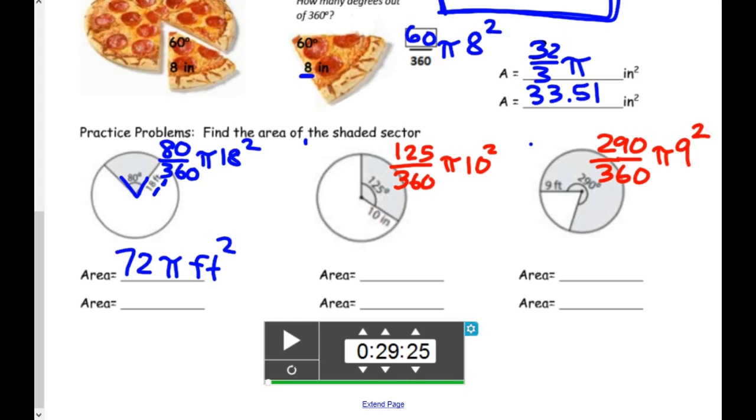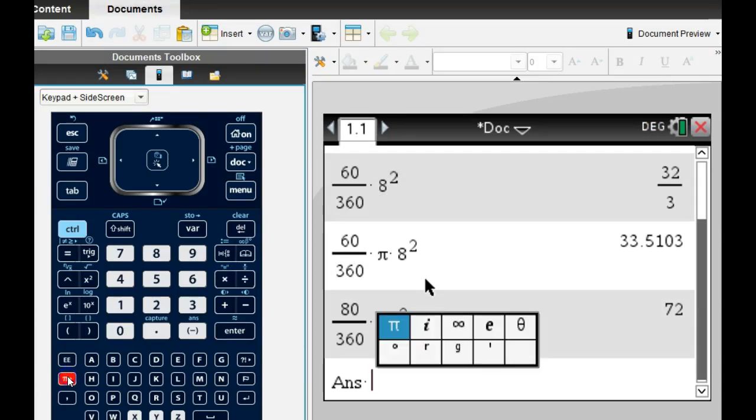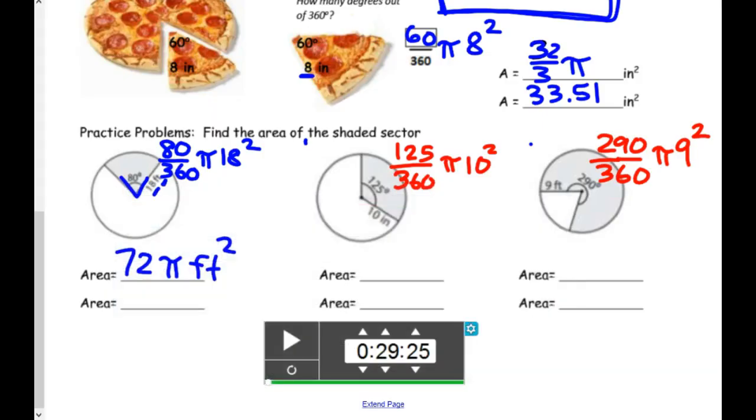Now, I'm going to show you a little trick, okay? If you have terms of pi, and you don't want to have to type it all back in, here's a shortcut. Take that, terms of pi, and just hit times pi. Instead of having to retype everything. Okay? 226.2. No pi next to that, feet squared. Okay?